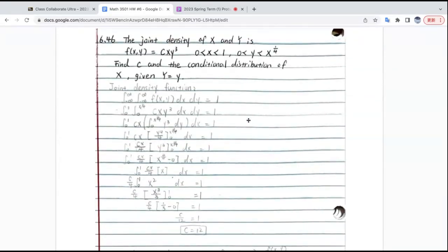First, I use the joint density function, where the integral of f(x,y) equals 1, to find C. So usually we see a double integral. Okay, double integral. So first, I take out cx and find the integral of y cubed.